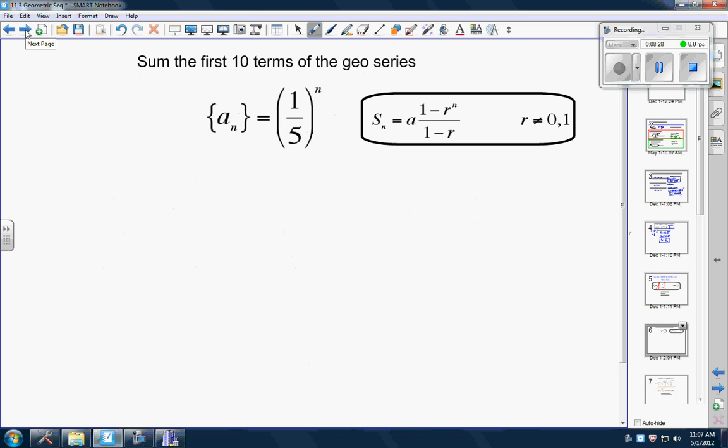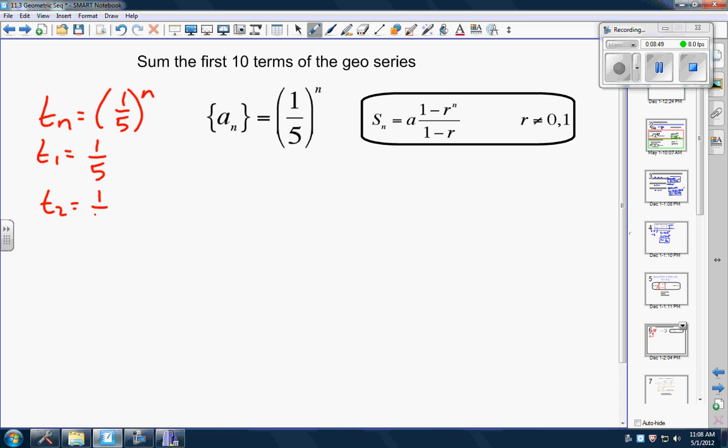Okay, here's an example where it asks you to sum the first 10 terms of the geometric series. So series means we want to actually sum these up. So it says A sub n in brackets there. It's the exact same thing as this. So if you want to sum the first 10, just think about what's happening. First term's 1/5.